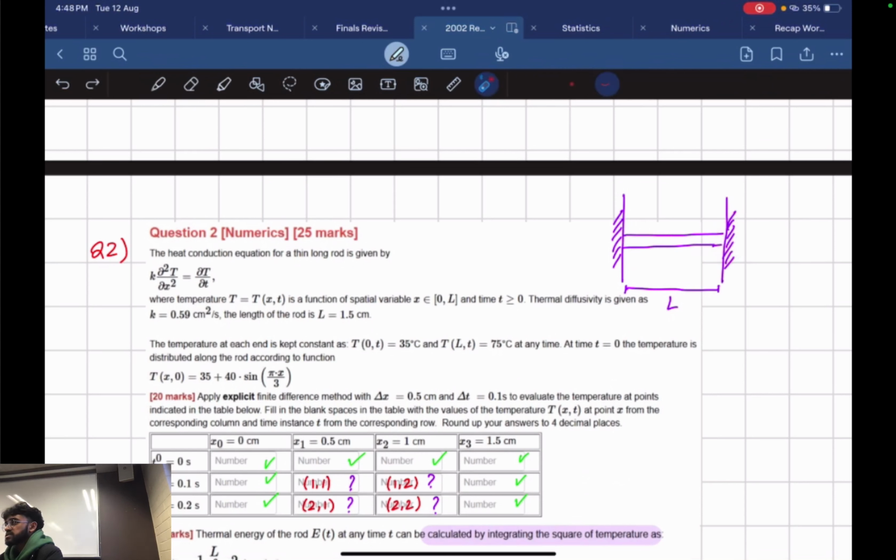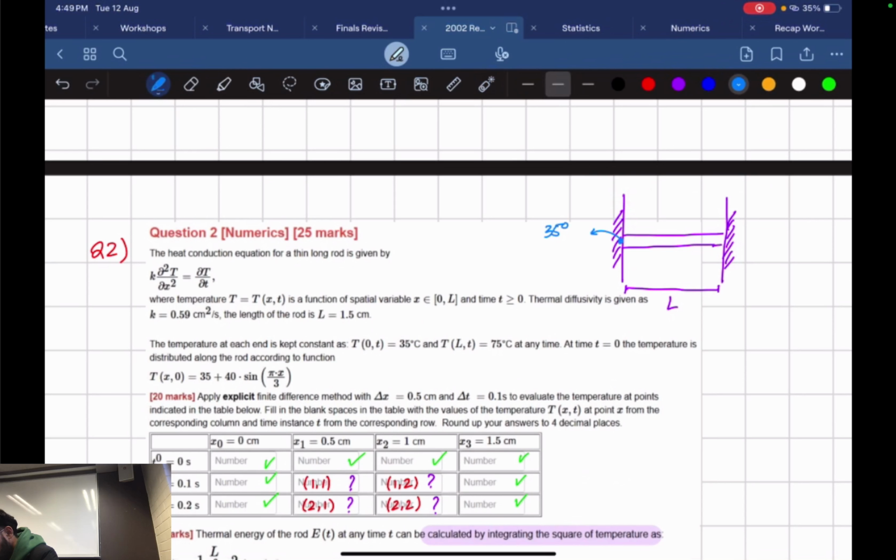At both ends, there are some temperatures that he gives to us. At x equals 0, so this is x equals 0 and this is x equals L, we're moving across. They've told us at x equals 0, it's 35 degrees.